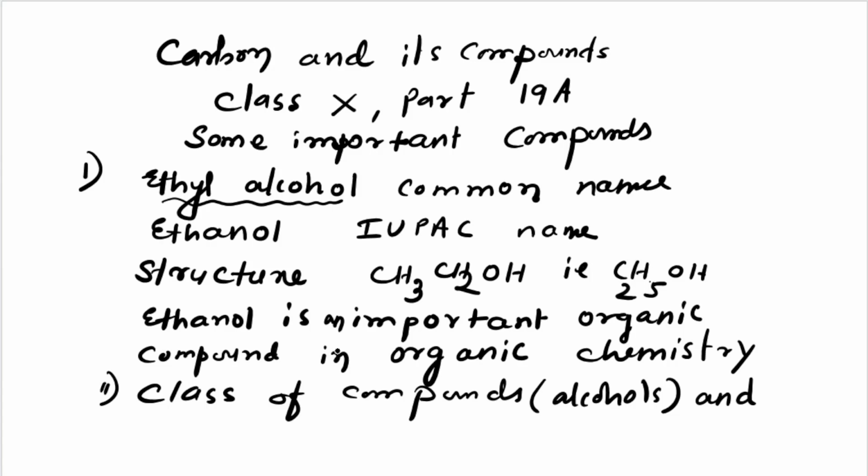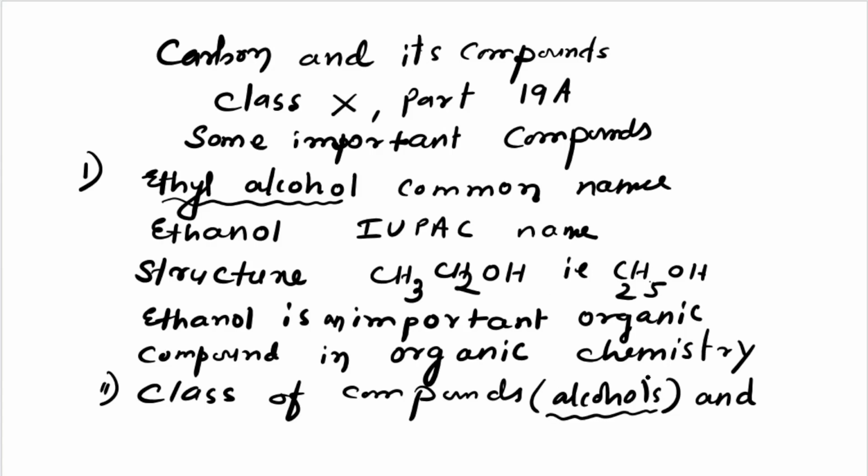It is an organic compound in organic chemistry. In the chapter carbon and its compounds, it is known as such in higher class organic chemistry. What is the class of compound? Alcohol.